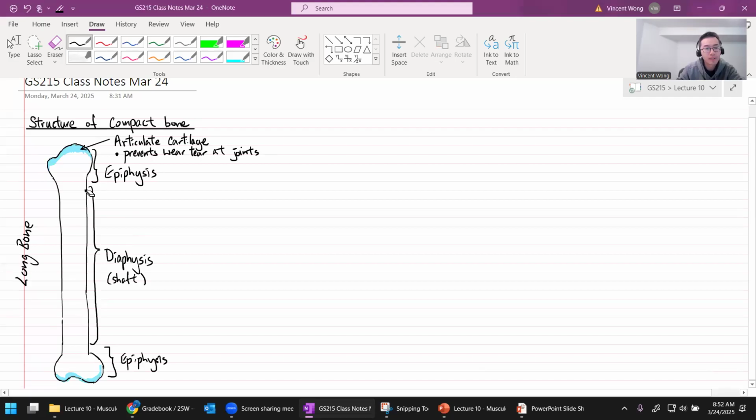And then over here, where the connection occurs, that's called the metaphysis. And there is a plate there called the metaphyseal plate. You don't have to know that, but that's where the growth is going to be happening. So the bone kind of elongates at those junctions.